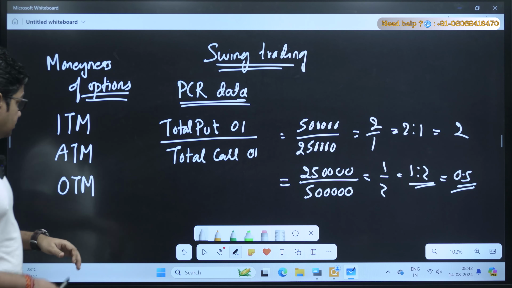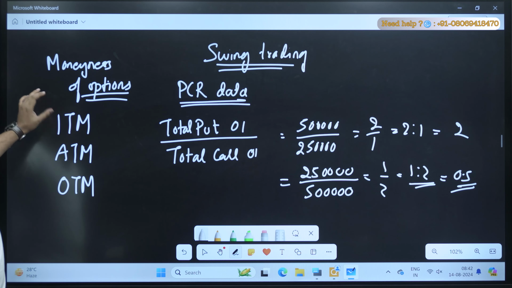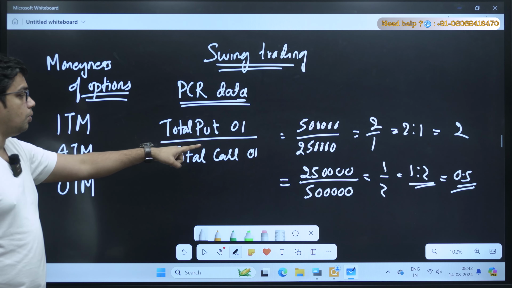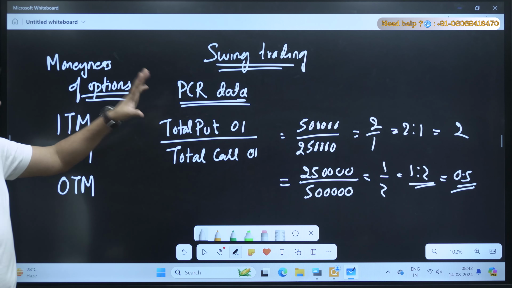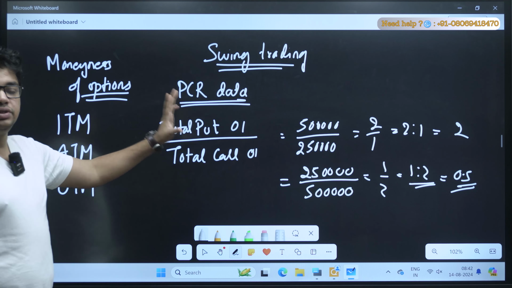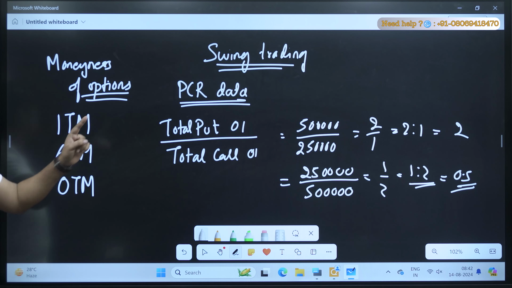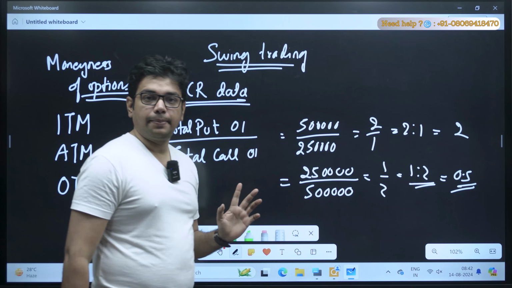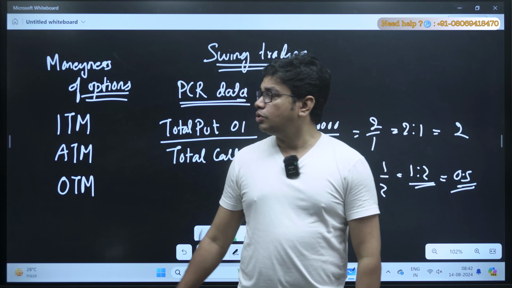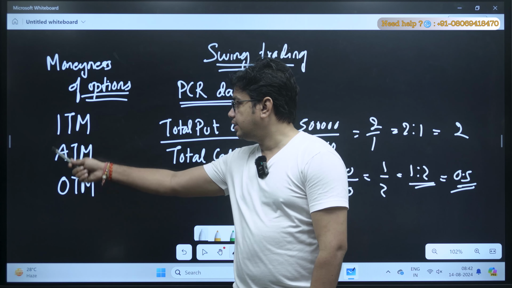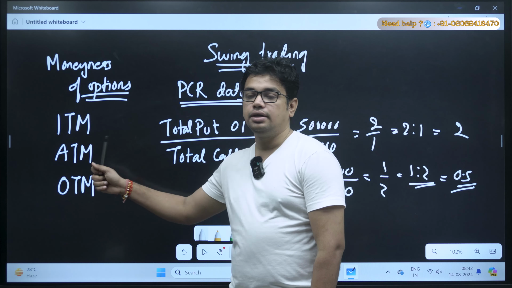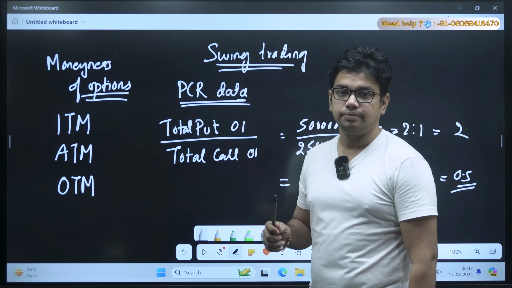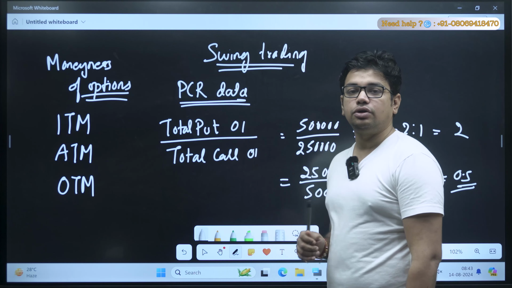Now here, see the total put OI and the total call OI. I will consider the value placed at all these levels, not at a particular level. Whatever changes happen at any particular level will reflect here in put OI and call OI.